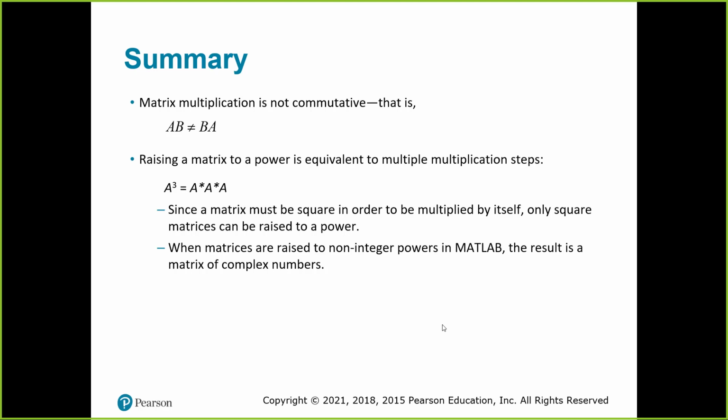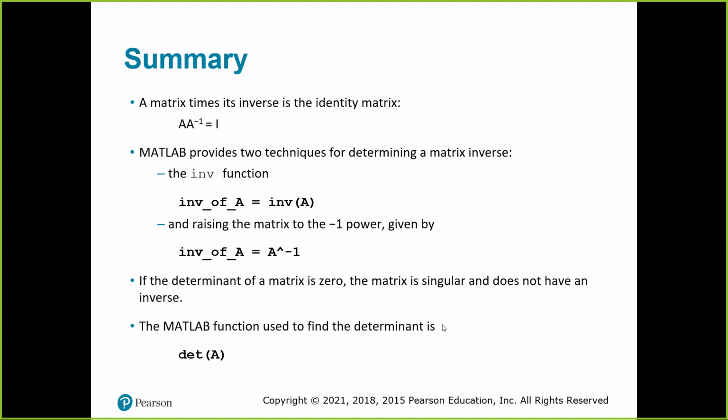The multiplication is not commutative: AB does not equal BA. Raising a matrix to a power is possible, but they must be square. Identity matrix times itself, or an inverse matrix times itself. I'll give you the identity matrix.